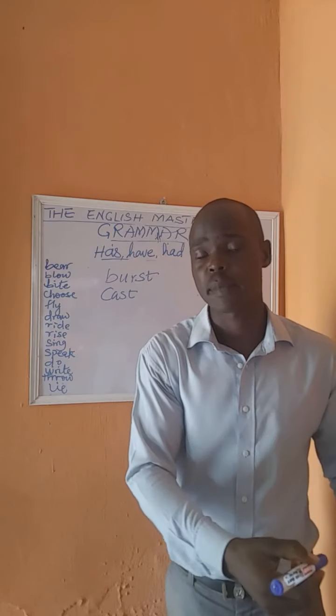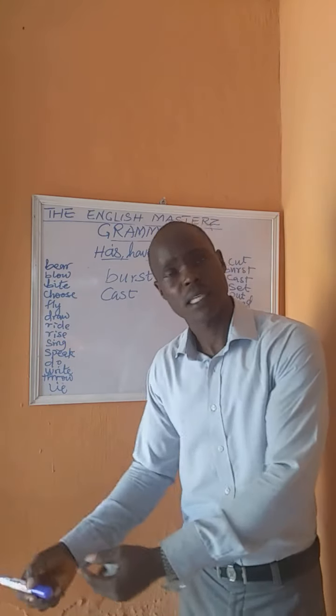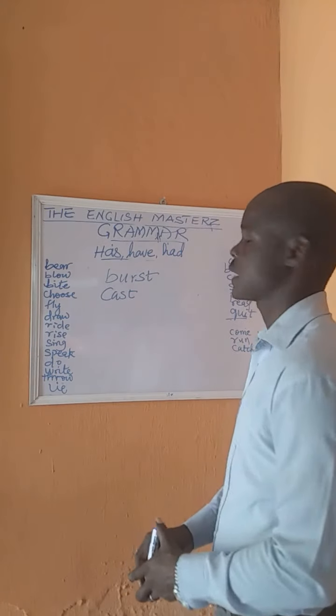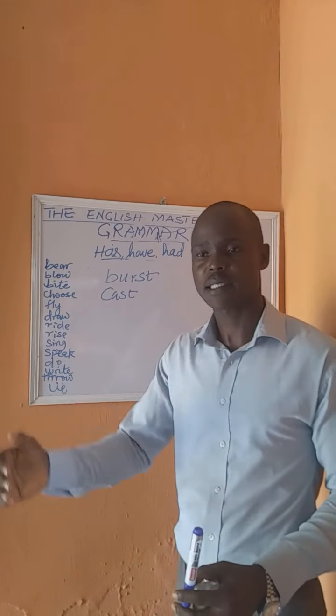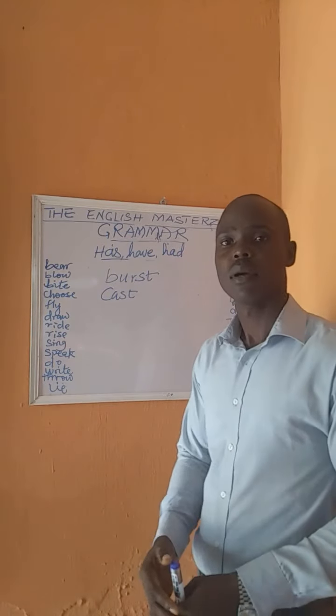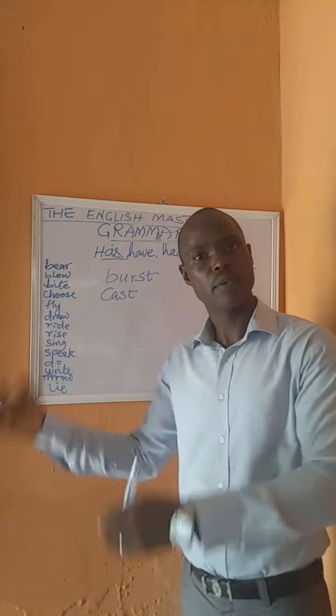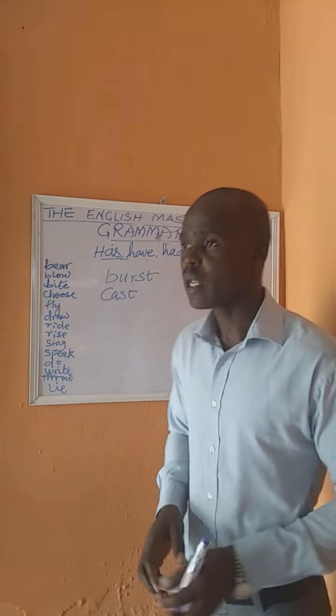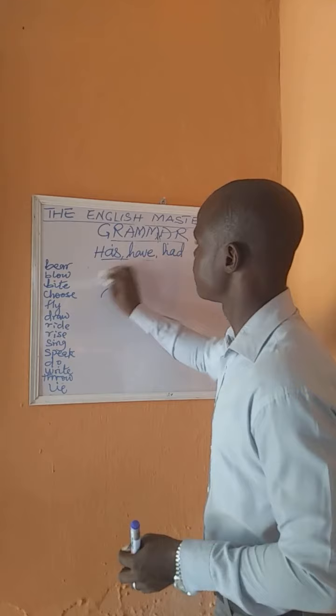Cast, past simple tense form, cast, past participle form, cast. Another example is set. Set, past tense, set, past participle, set. Another is put. Put, past tense, put, past participle, put. Another is read. Now, at read, take note.